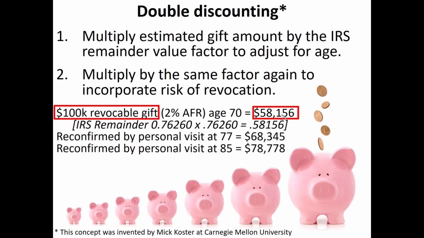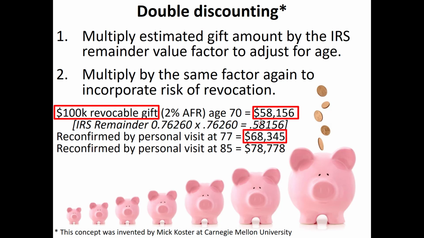Now here's the important part. We not only give the valuation for the initial gift, but we also get valuation for continuing that relationship. So, for example, if I reconfirm with that person at age 77 that they still have this gift, I am rewarded for maintaining that relationship.